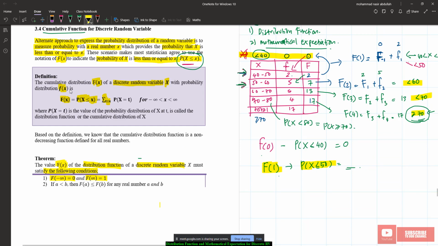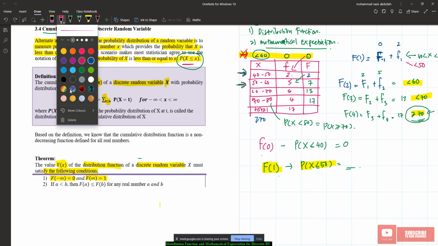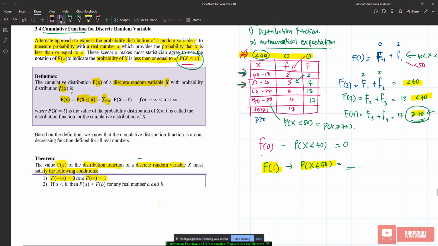Kalau kita expand this one, right? Let's say I expand this one, I measure the cumulative frequency. Dekat sini I tambah satu. Let's say I choose purple. So dekat sini I try to convert this to cumulative frequency. Let's say capital Fx.